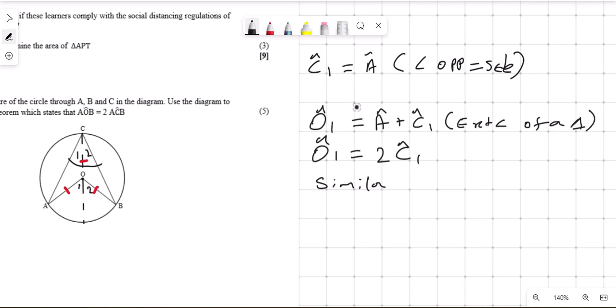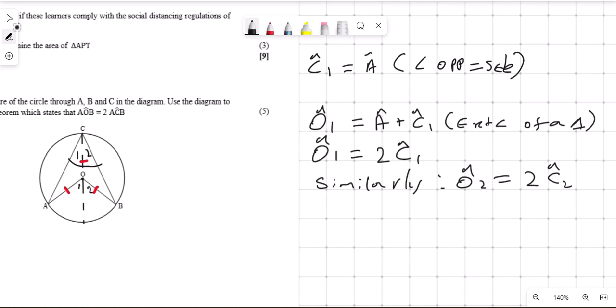It's still the same statement, isn't it? Yes. Similarly, angle O2 is equals to 2 angle C2. Is that correct? Yes.